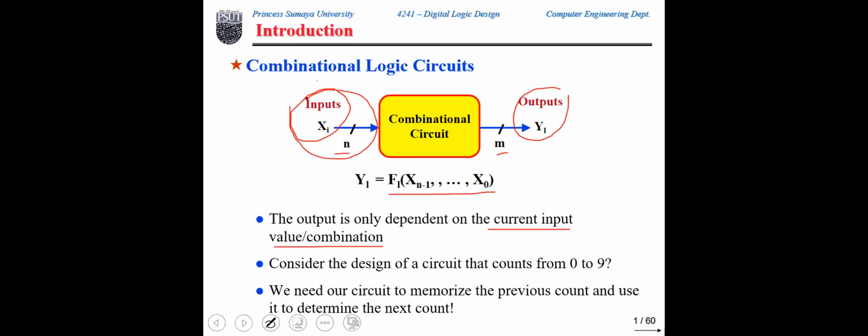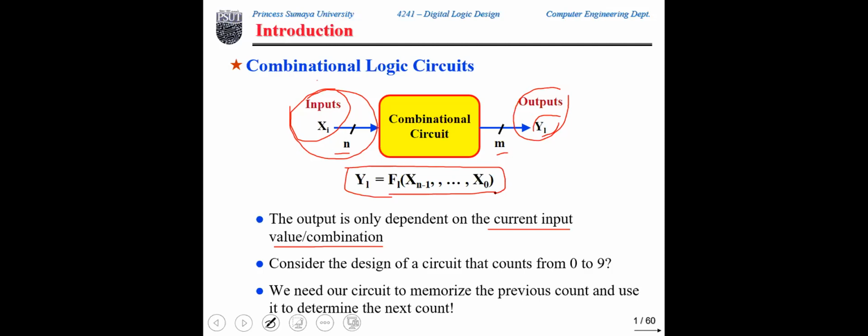Whatever value we feed to this circuit is manipulated by the circuit and used to compute the output value or values, depending on the number of outputs. This is very straightforward, and at the same time very important, because it is the distinguishing factor between combinational logic and sequential logic.